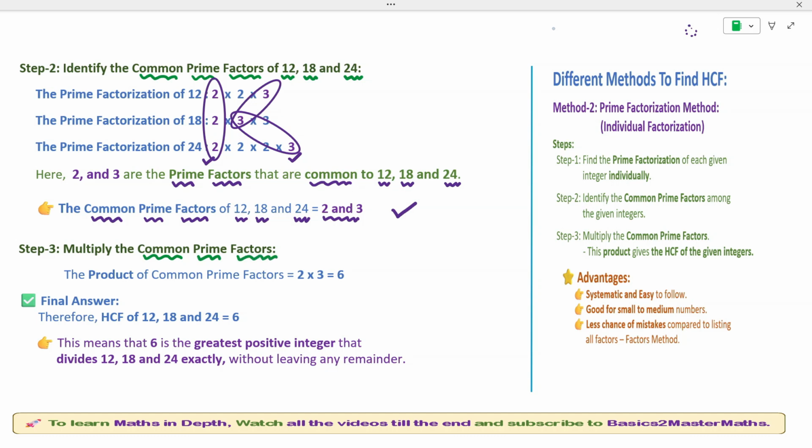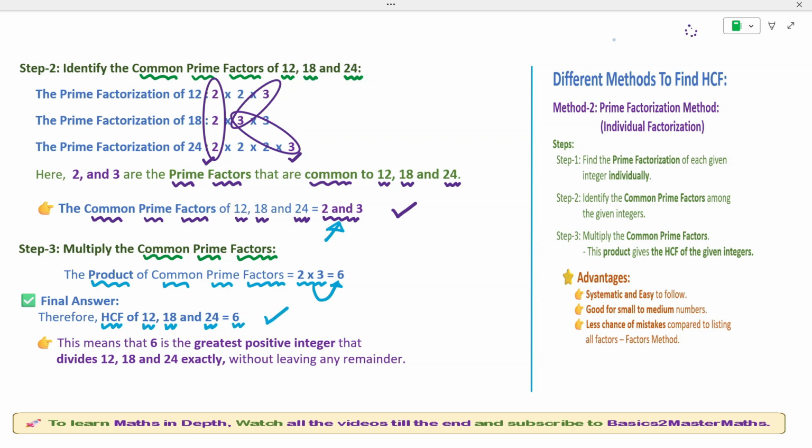In this case, the product of common prime factors is 2 multiplied by 3 gives you 6. Therefore, HCF of 12, 18 and 24 is 6.